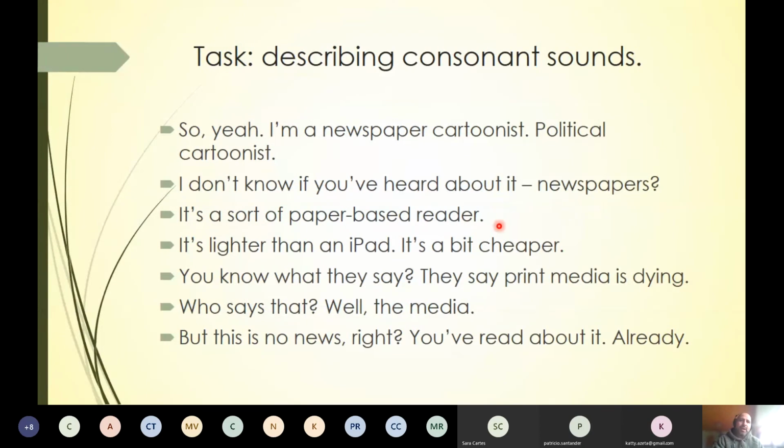Etc., etc. Or how many plosive sounds do you think there are in this script? How many affricate sounds do you think there are? So you can not only do the analysis solo or on your own, but also you can integrate the rest of the community. Okay? So you turn this into a mini lesson experience.